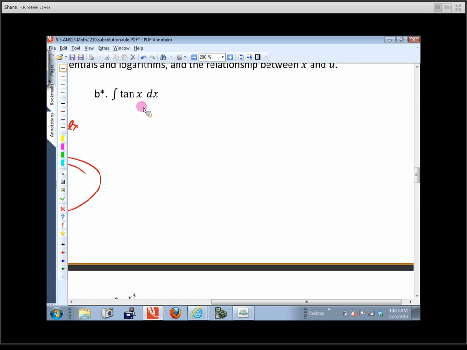Could we rewrite this somehow? Okay, so let's rewrite this as the sine of x over the cosine of x dx. And then let's think about this. There are a couple different ways we could try and do this, but only one way that this is actually going to work out. So we want to think, we've got to find a function whose derivative also appears in the integrand.